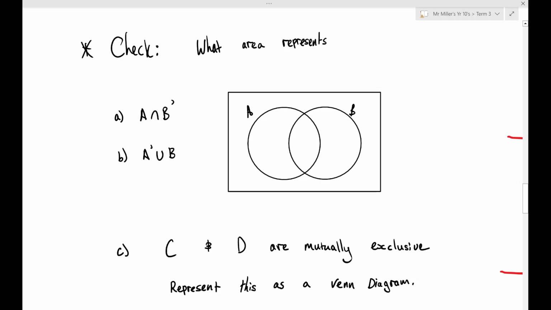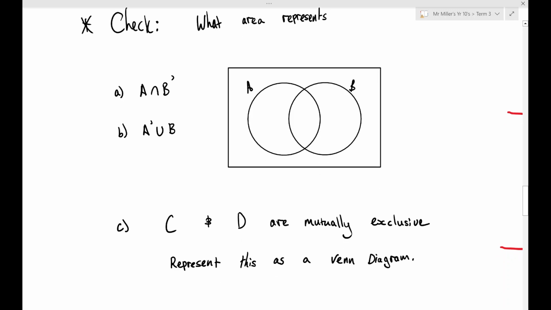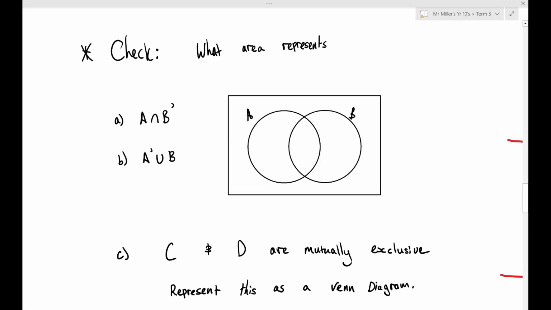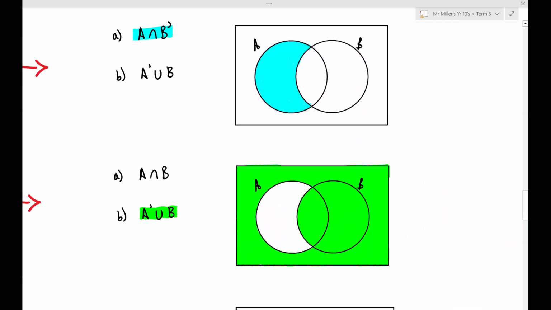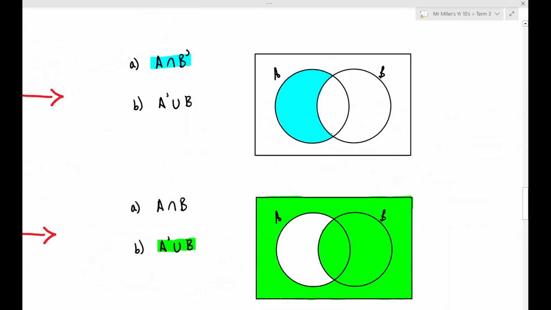Then, not A or B, not A union B. What is not A or B in this Venn diagram, and what would I have to shade to represent that? Finally, C and D. If C and D are mutually exclusive, what would that look like as a Venn diagram? So take 2 seconds, pause here, answer these questions, please. Hopefully you did. Here are your answers. Give your work a mark, please.